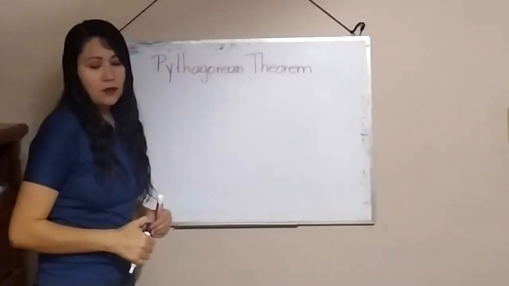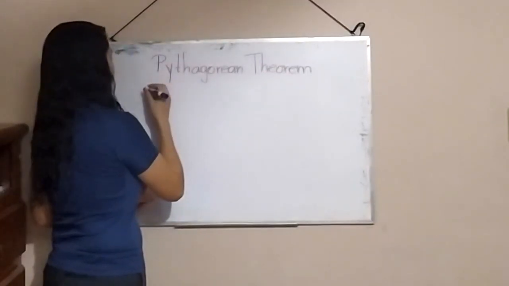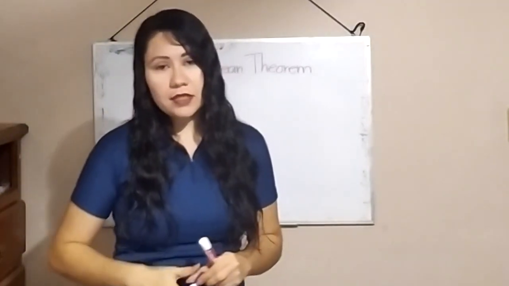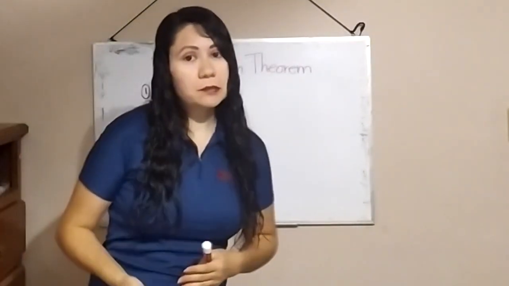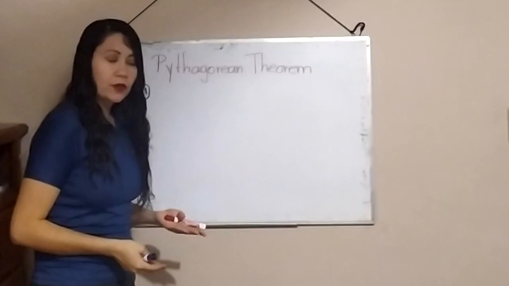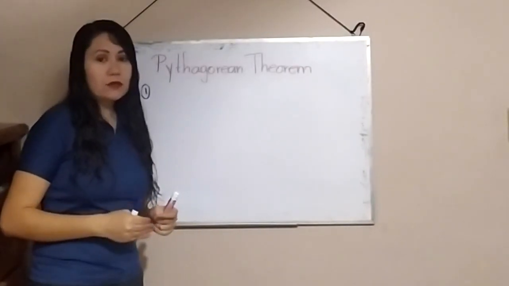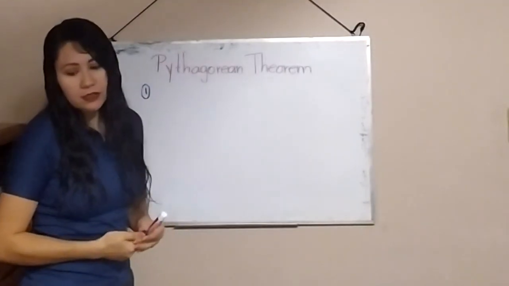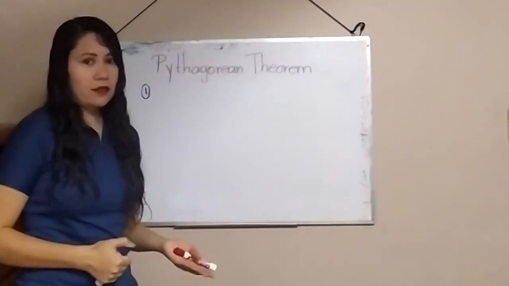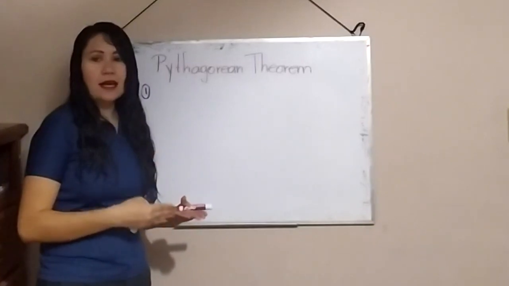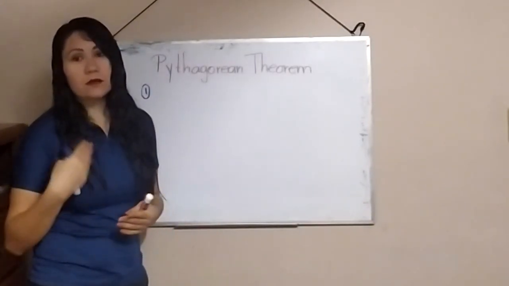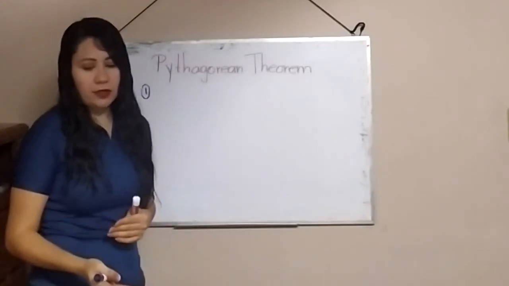Knowing that, we will also know that if we use the Pythagorean theorem and it is not completed or it is not true, then the triangle that we are using is not a right triangle. That is called the converse Pythagorean theorem. We use it when we have the sides of a triangle, we don't know the shape, and we want to know if it is a right triangle or not.